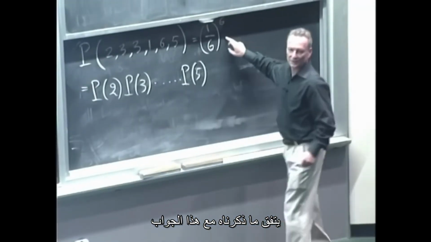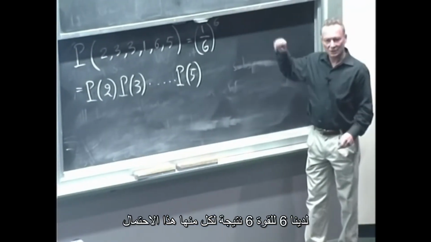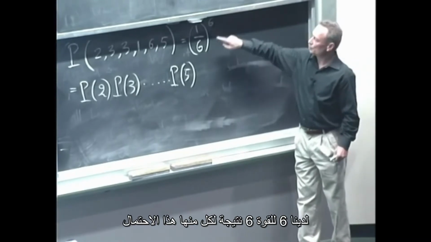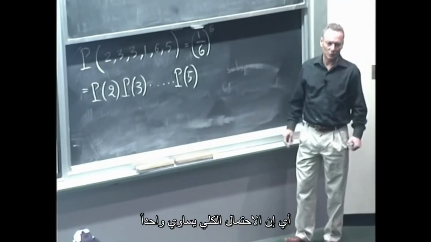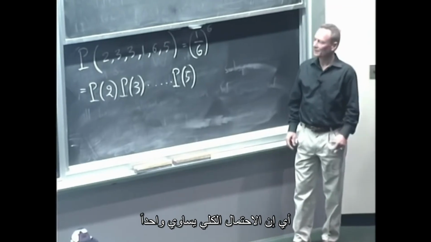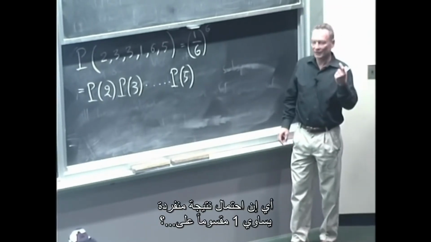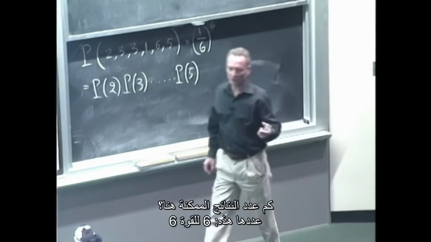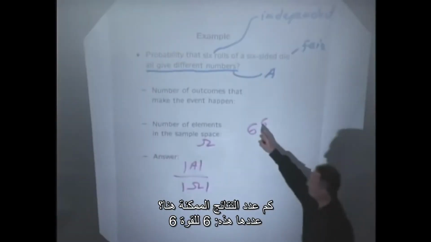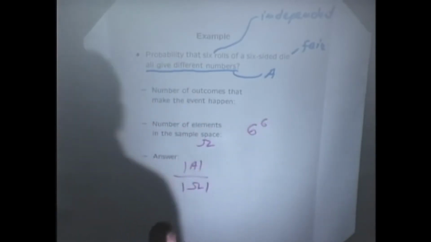And I guess this checks with this. We have 6 to the 6th outcomes. Each one has this much probability, so the overall probability is equal to 1, right? So the probability of an individual outcome is 1 over how many possible outcomes we have, which is this. All right. So how about the numerator?